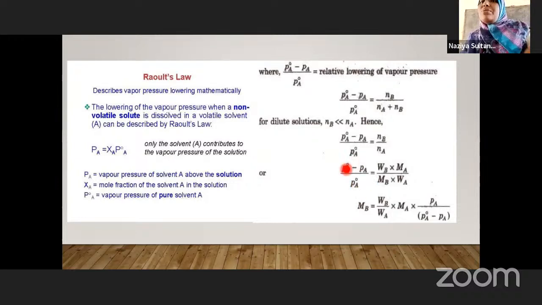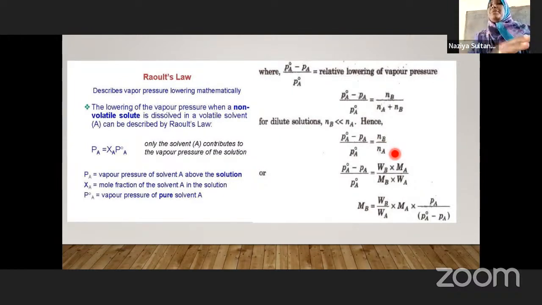It is equal to the mole fraction of the solute. But Raoult's law is applicable only for dilute solutions. Actually, it is NB by (NA plus NB), but because it is a dilute solution, we neglect the number of moles of the solute in the denominator.